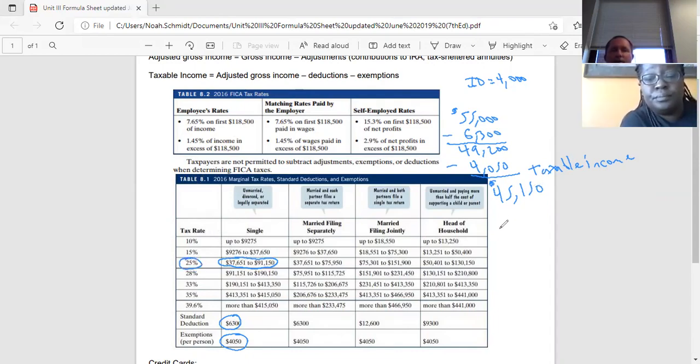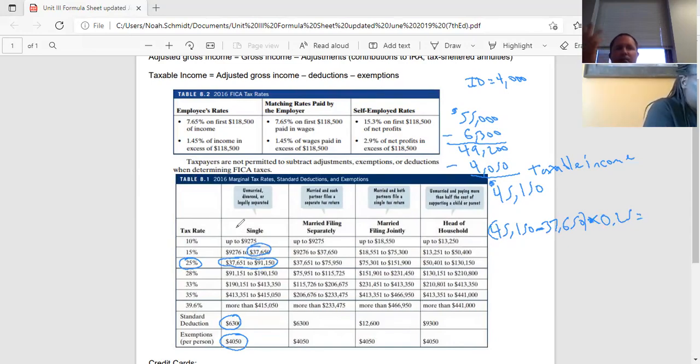So you take his income, which is 45,150, subtract off the upper end of the previous interval, which is 37,650, and that's going to be taxed at 0.25. So we put a multiplication symbol by 0.25, and that'll give us a certain total.